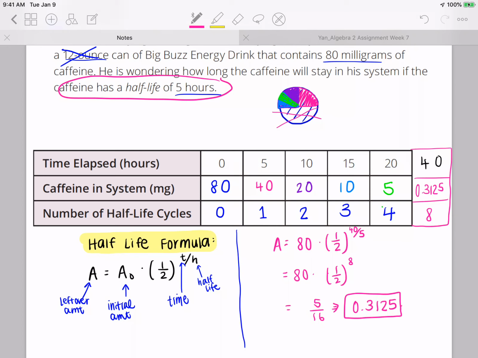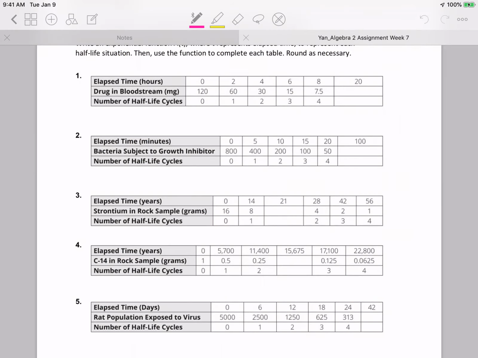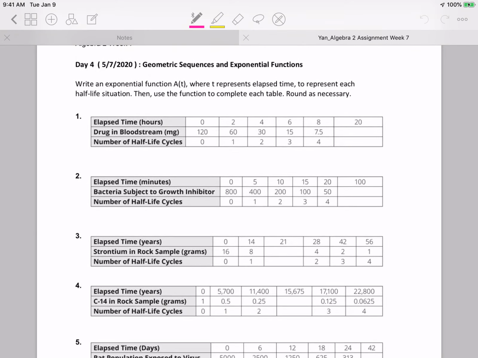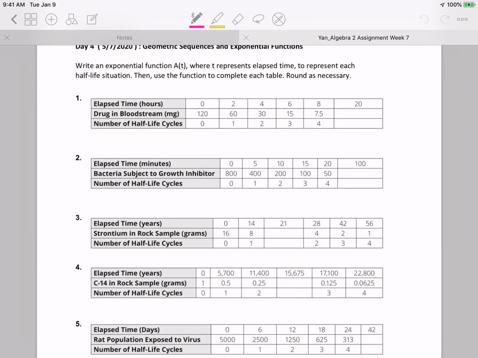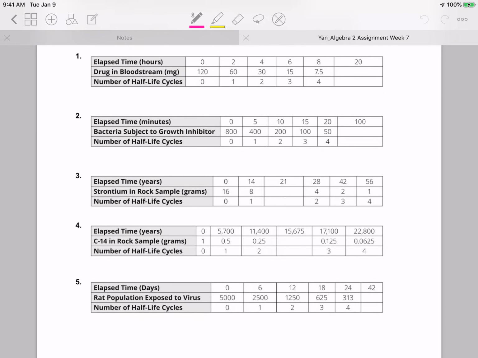Okay, so let me show you another example, and it can be from one of your homework questions. So your homework for day 4, Thursday, is these ones right here. They give you quite a lot of information, and then you just have to figure out what the formula is.